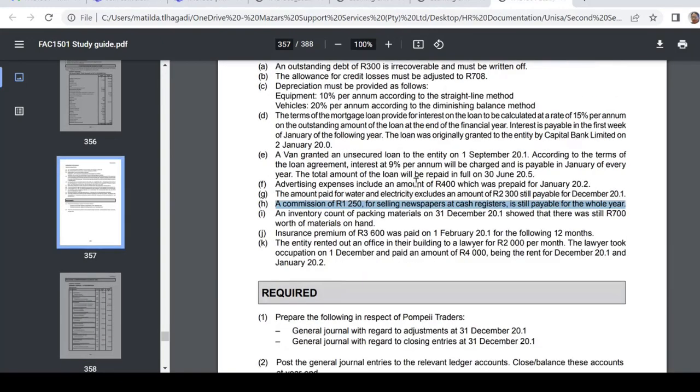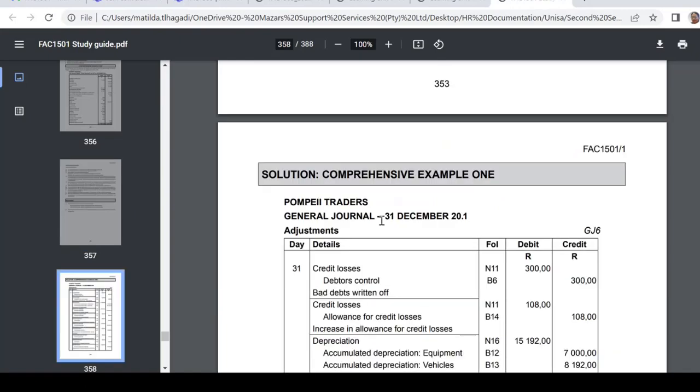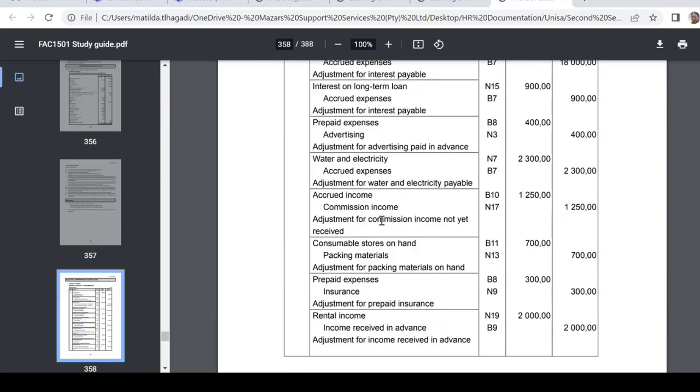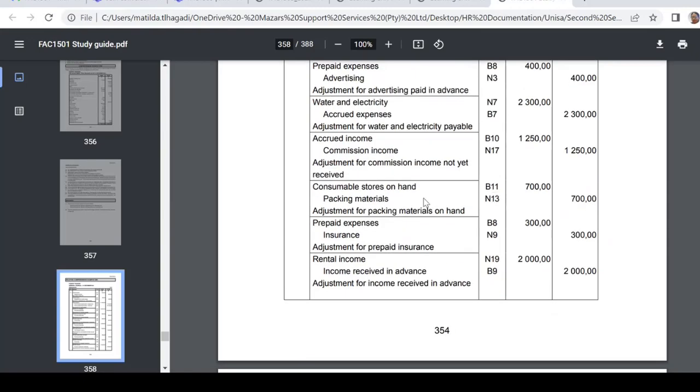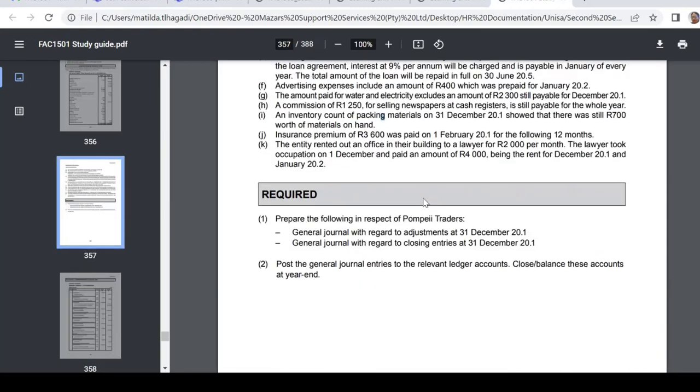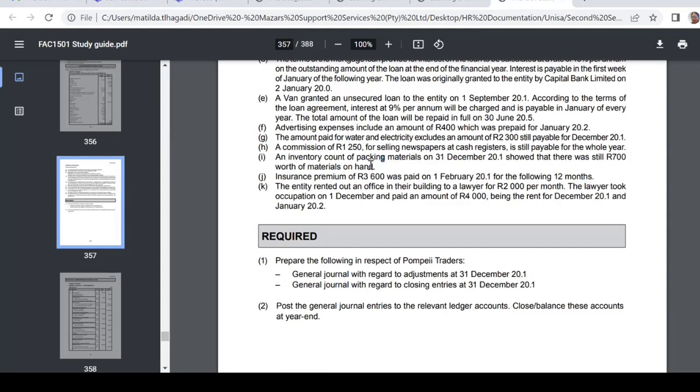An inventory count of packaging material at 31st December showed that there was still 700 worth of material on hand. So this is consumable stores on hand, yes, 700, packaging material 700.